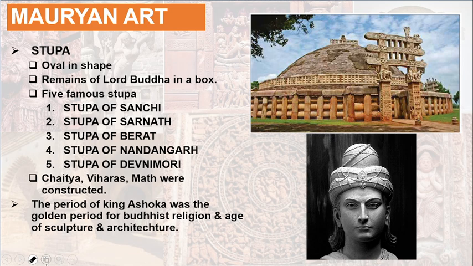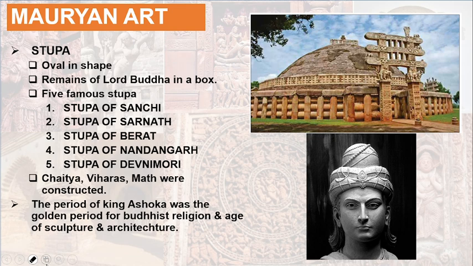The 5 famous stupas are the stupa of Sanchi, stupa of Sarnath, stupa of Bharhut, stupa of Nandangad and stupa of Devni Mori. These 5 stupas are the most famous stupas all over India. In the stupas, Chaitya, Vihar and Math were constructed. In the time of King Ashoka, it was a golden period for the Buddhist religion and the age of sculpture and architecture.